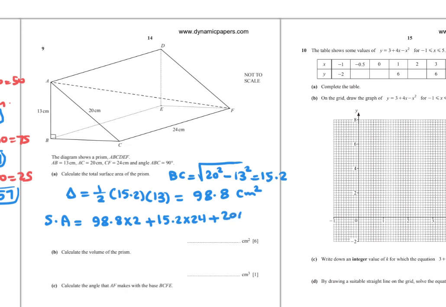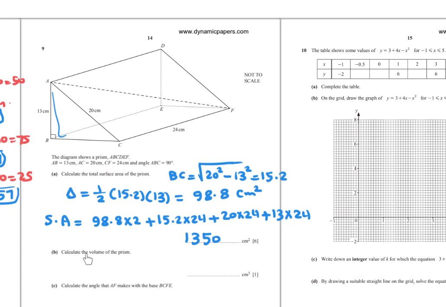And the last rectangle, the rectangle at the back, which is 13 times 24. Then find the answer. Equals 1350 to 3 significant figures.